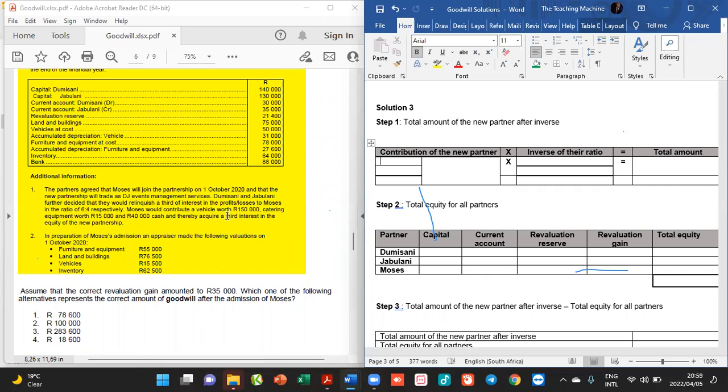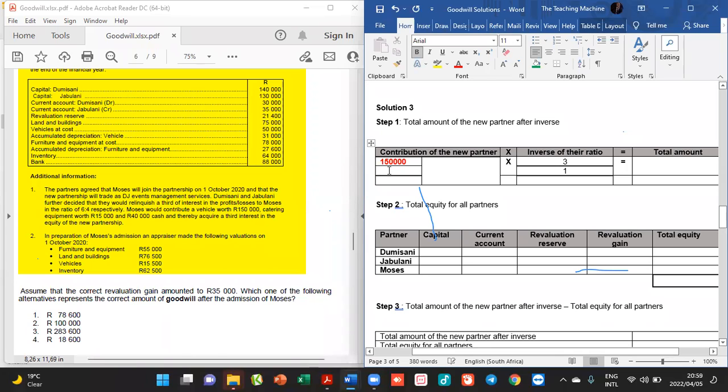What is the meaning of a third? How do you express a third in terms of ratios? It's 1/3. What will be the inverse of 1/3? 3/1. Okay. So the contributions made by Moses will be 150,000.